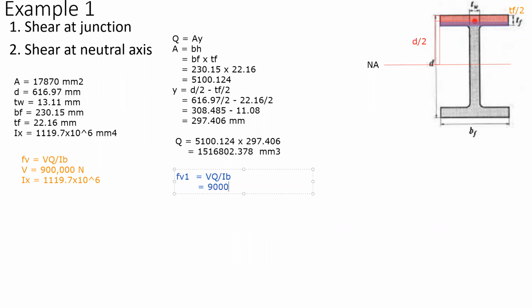This is 900,000 times the value of Q, 1516802.378, divided by I, 1119.7 times 10 raised to 6, times B. So our base would be equal to BF, this is 230.15.